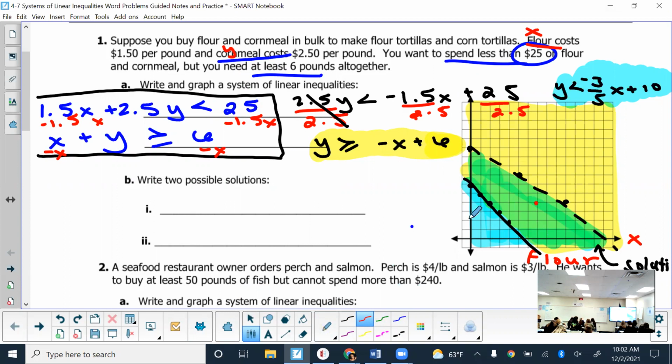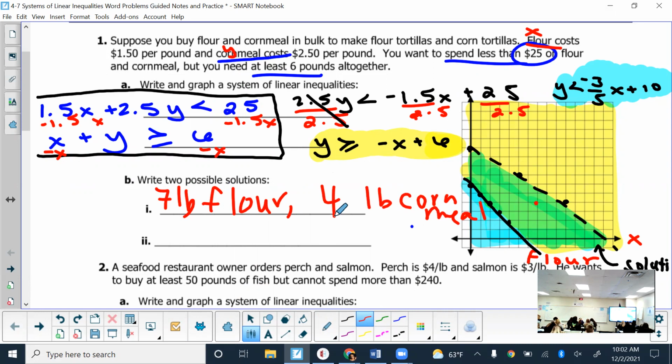And then when we write our solution, remember how we labeled it. So if it's 7, 4, that would be 7 pounds of what? Of flour, because that's what we said the X would be. And how many pounds of cornmeal? So it was 7, 4, it would be 4 pounds of cornmeal.